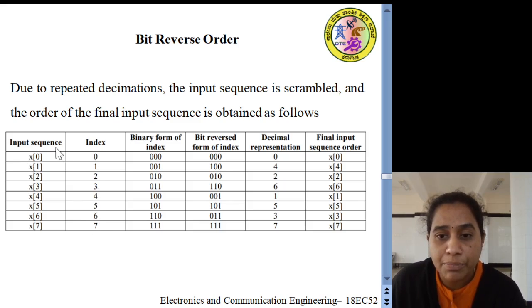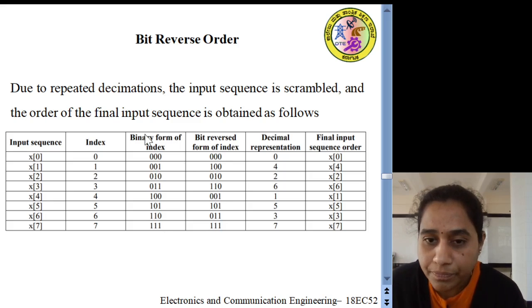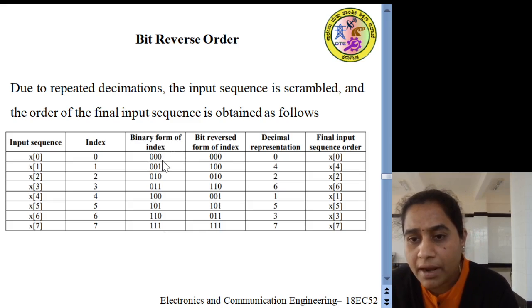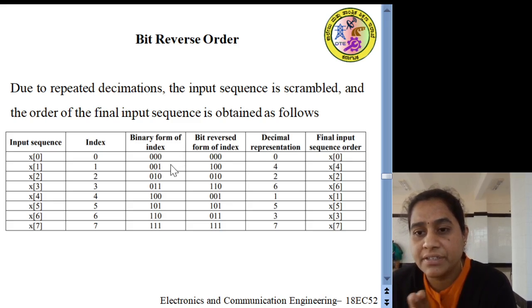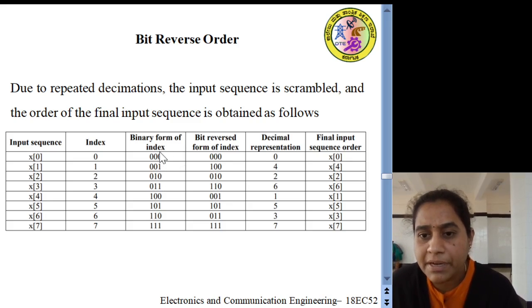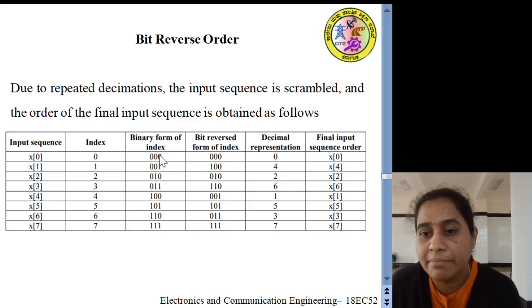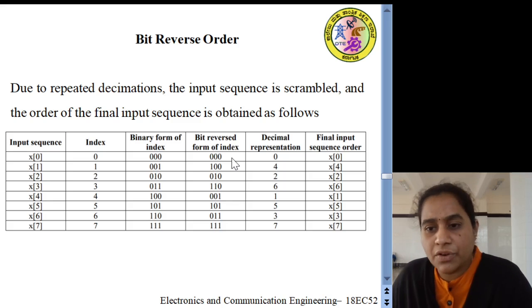If we represent this input sequence, which is in normal order, in binary form, we obtain 000, 001, 010, 011 up to 111. Now if we reverse the bits, reversing the bits means we make the MSB the LSB and the LSB the MSB. So 000, if we reverse, we get the same 000.